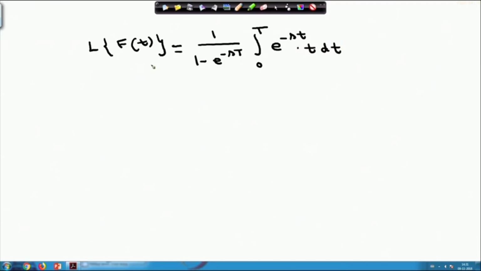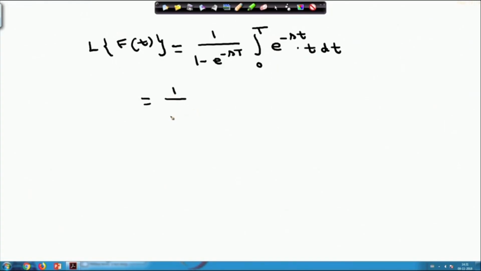Using the earlier theorem, I can write 1 by 1 minus e power minus sT, because capital T is the period of the function, and you can evaluate the integral very easily with the normal process, using integration by parts.